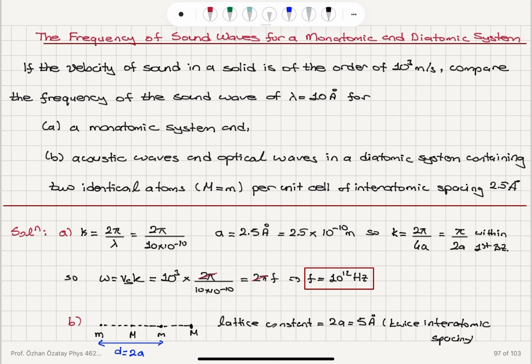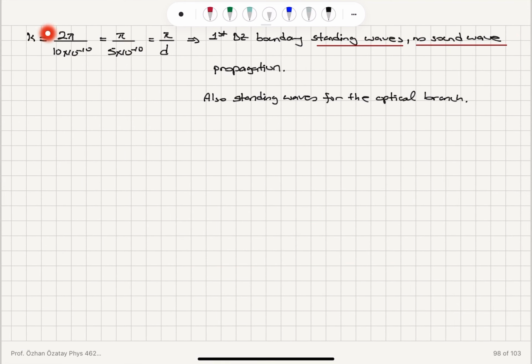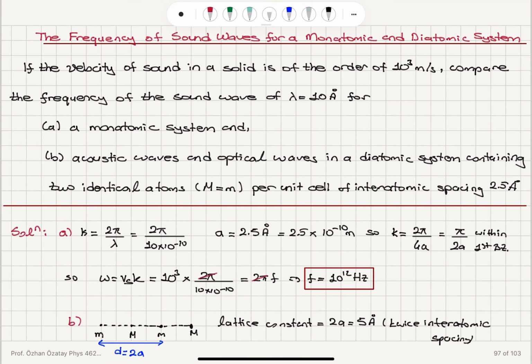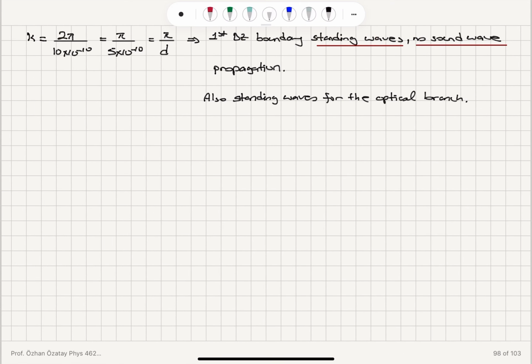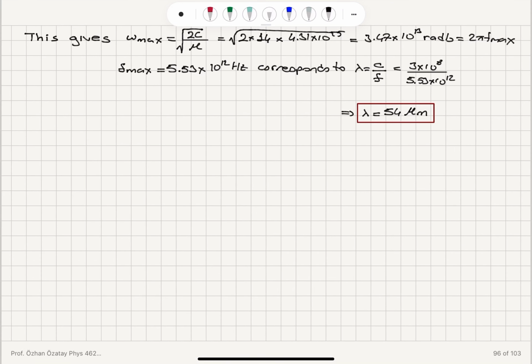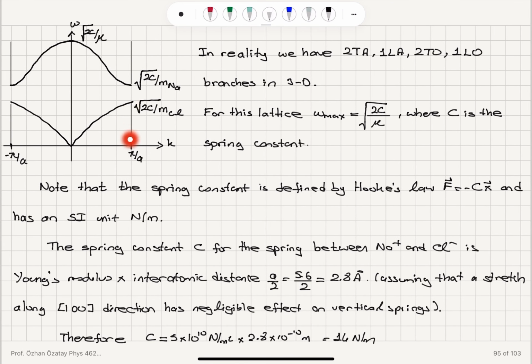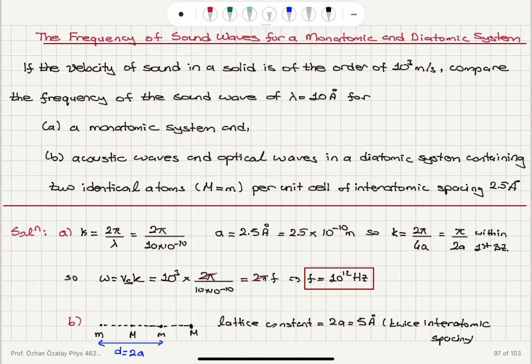And because of that, if you look at the k value, 2 pi over lambda, that's pi over d, the new lattice constant, that's the first Brillouin zone boundary. So we will see that there will be standing waves forming and no sound wave propagation. So when we are at the first Brillouin zone boundary, also for the optical branch, we have standing waves forming. So we cannot have any wave propagation.